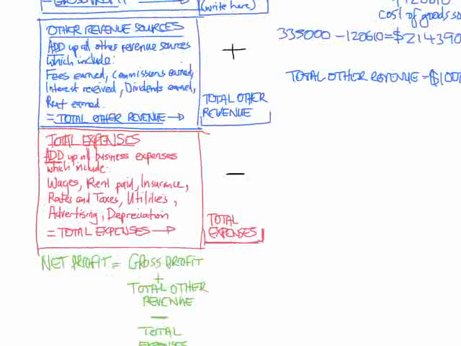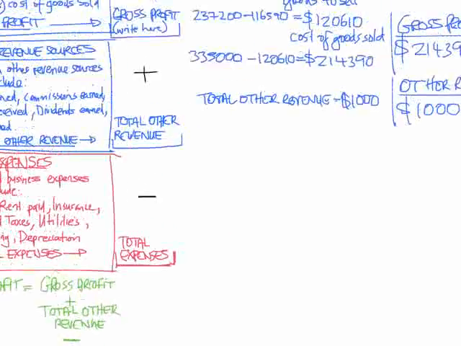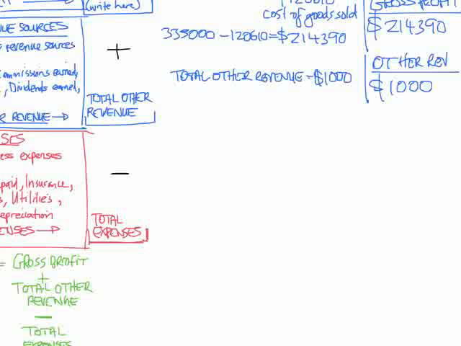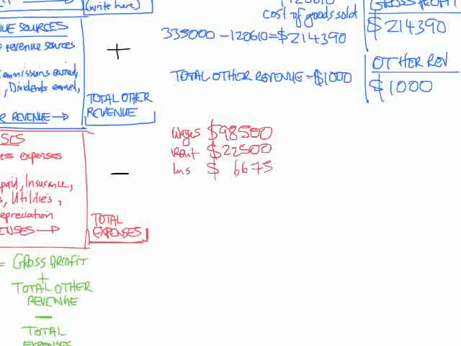So we have all of our expenses highlighted. The purpose of the next bit, which I'm going to do in red, is just to add up all the expenses. So that's going to be wages of 98,500, rent of 22,500, insurance of 6,675, rates and taxes of 2,400.